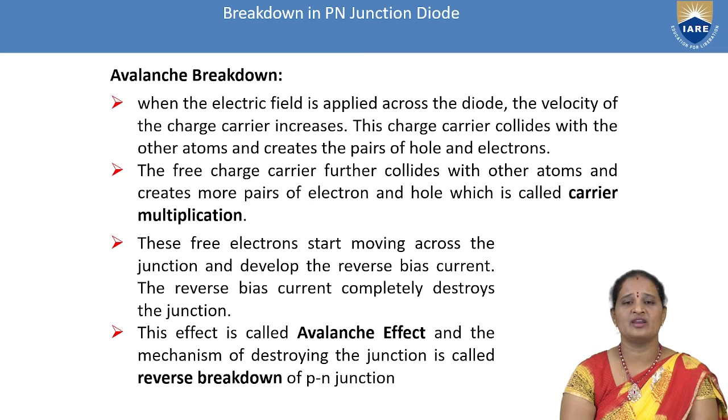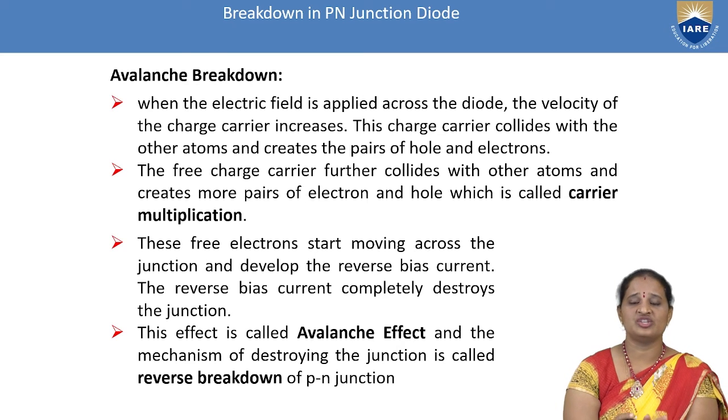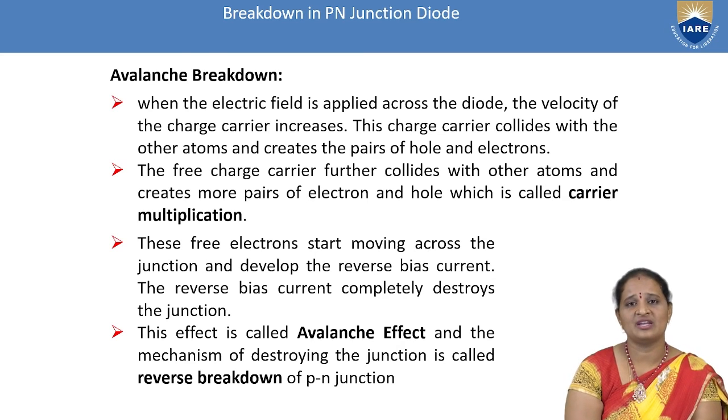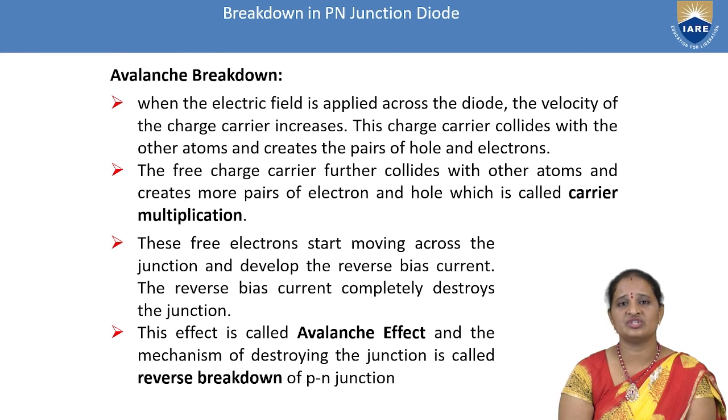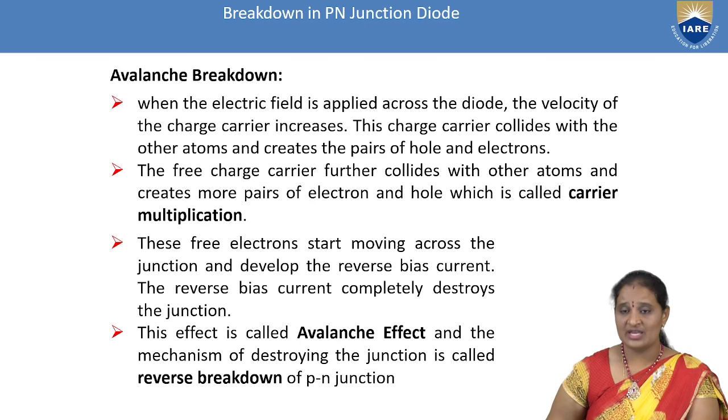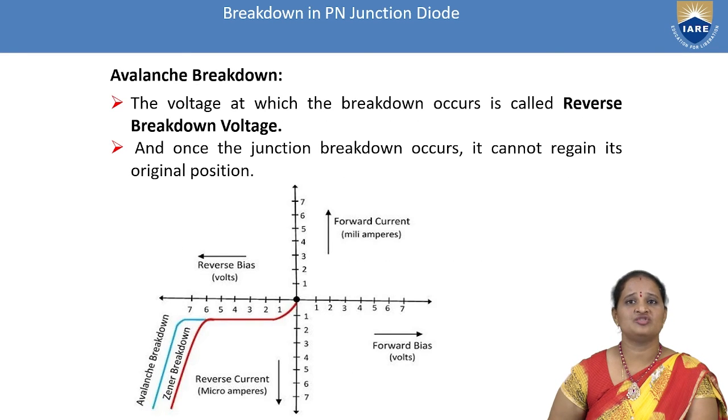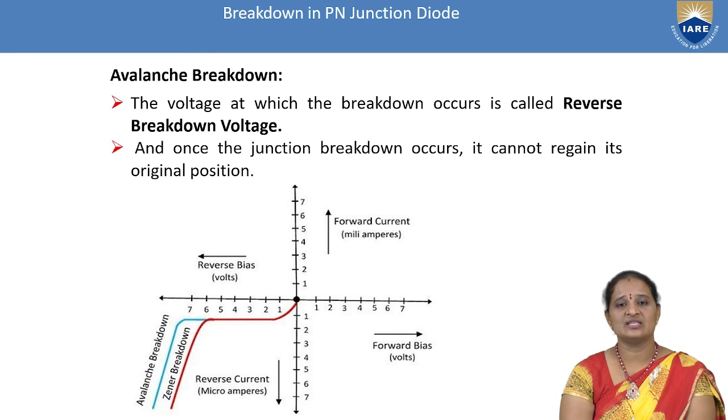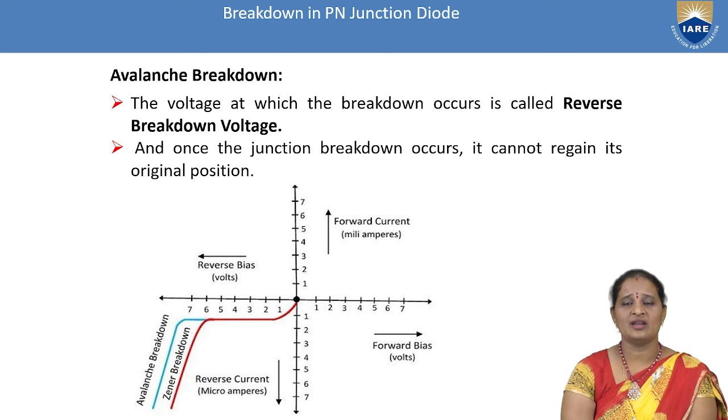As the junction is destroyed, the minority charge carriers can easily cross the junction and more current will flow through it. This is called avalanche breakdown, and the voltage at which the breakdown occurs is known as the reverse breakdown voltage. As I told you, in lightly doped diodes, this avalanche breakdown happens.